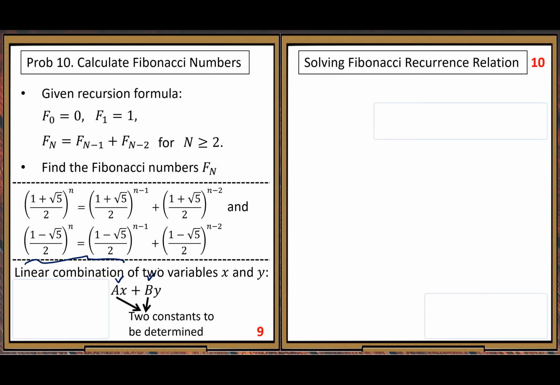Look at this conclusion: the linear combination capital A T1 to the kth plus capital B T2 to the kth will be a new solution for any A and B. Can you see this nice thing?